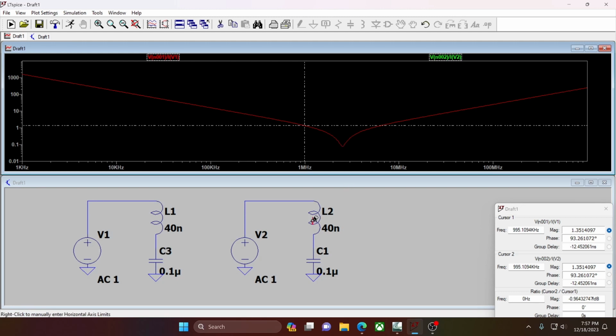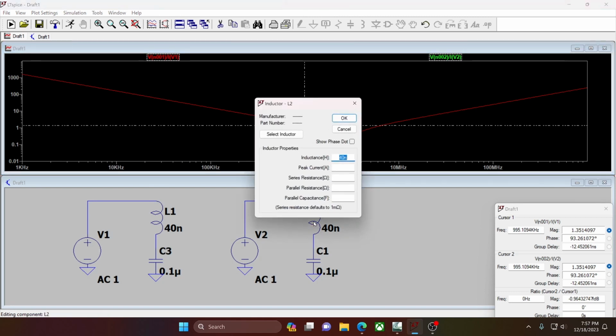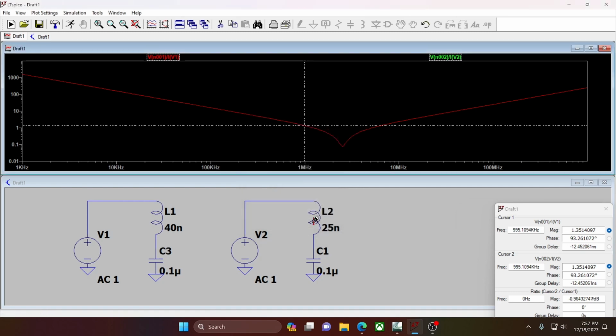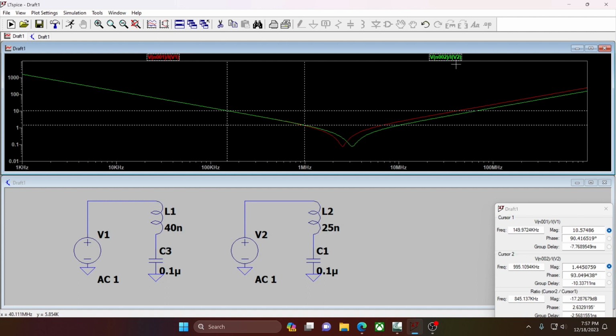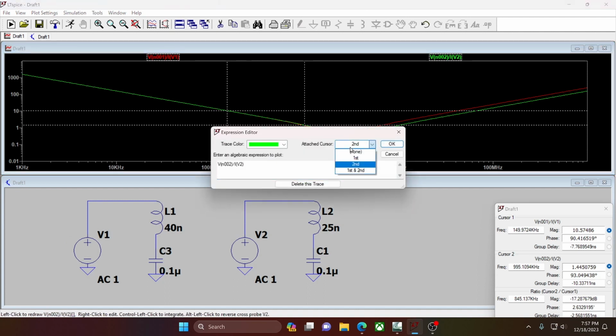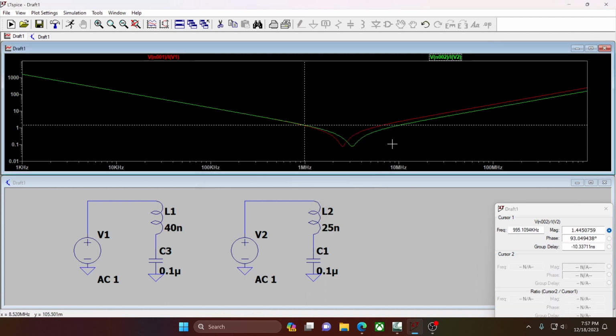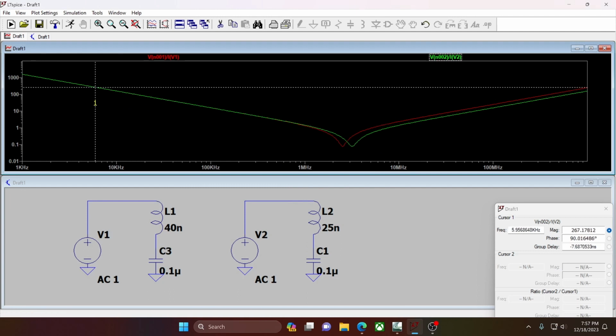So, as I said before, 40 is a high number, 10 is a low number. So what we'll do is, let's just try 25. Let's see what happens. We'll run this again. If we take a look here, you need cursor number 1. Move that out of the way.